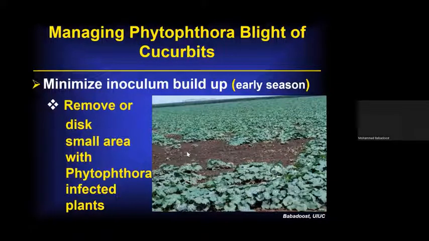In the low area, particularly after rainfall, if the disease started, we have to get rid of those infected plants. This way, we prevent inoculum building up. But getting rid of a few plants would be good enough. In a small area, like 1 hectare, you may just pull out the plant and take it away. That will prevent building up the inoculum.